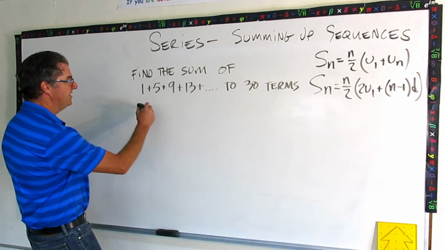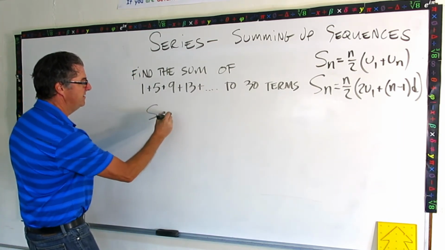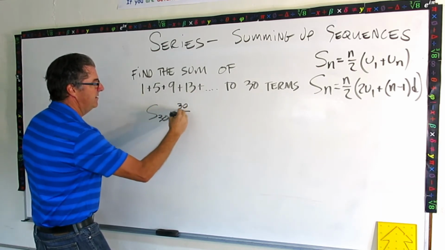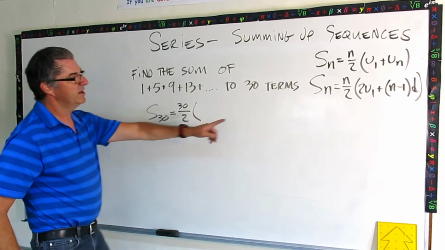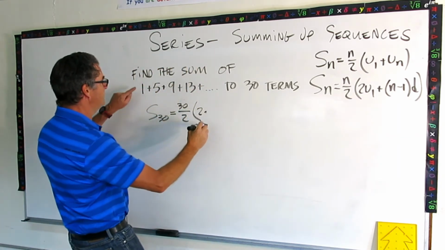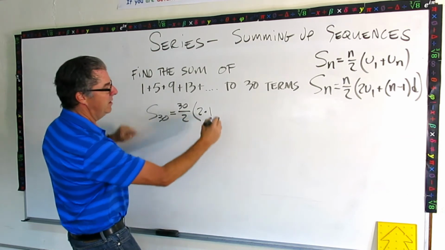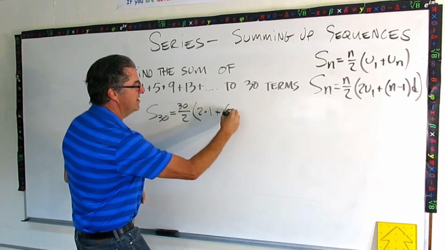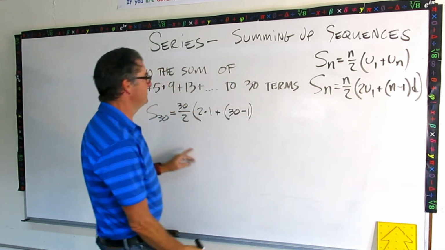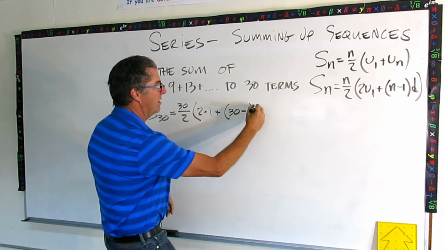So what we're going to write is S30 is going to equal 30 over 2. I'm just doing my plug-in. Now I'm going to use these details. So that's going to be 2 times u1, which is 1, plus 30 minus 1, that's n minus 1, times our common difference, which is 4.